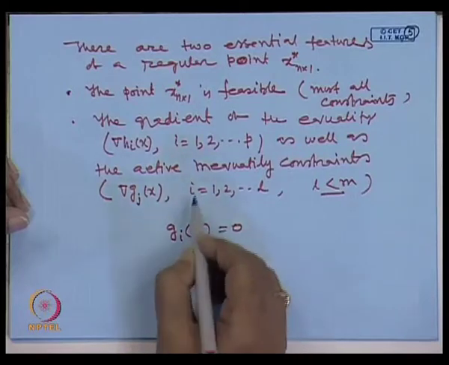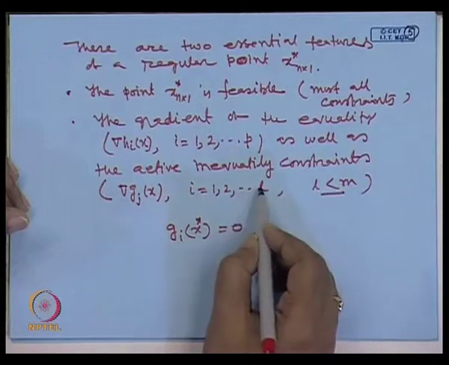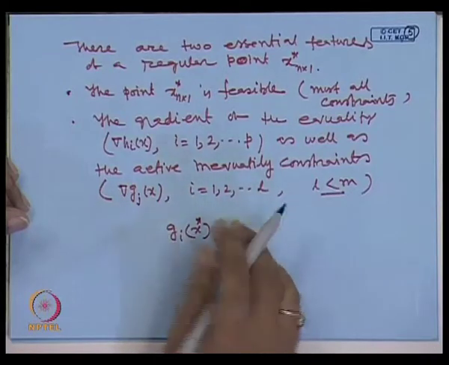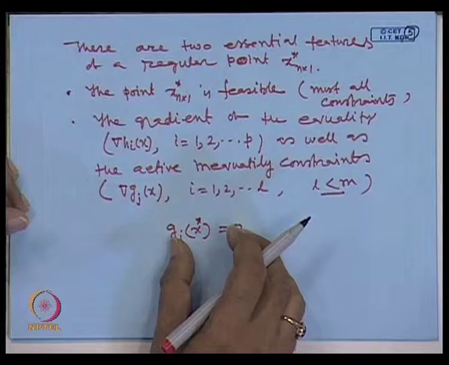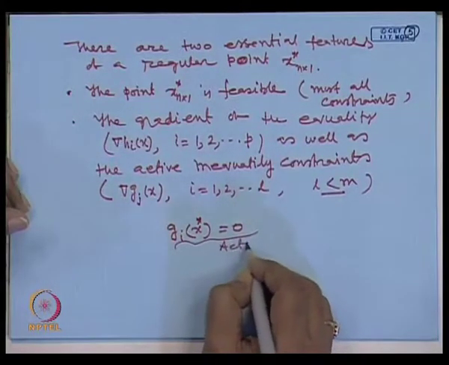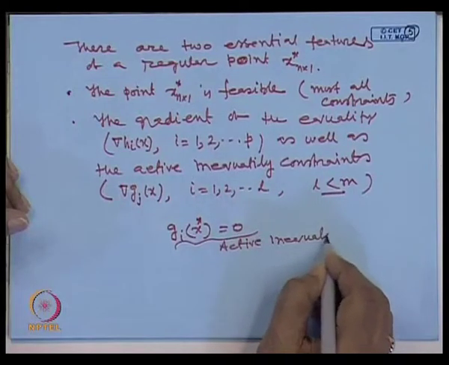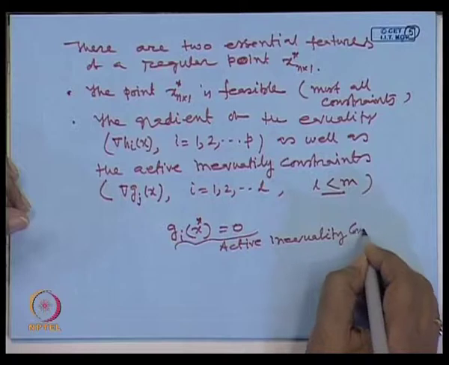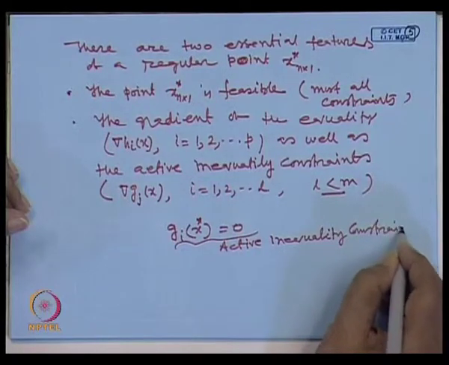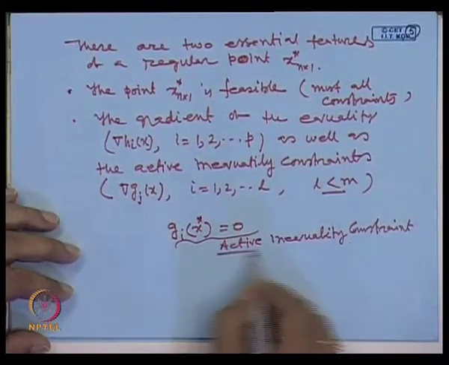So when g_i(x star) equals 0, these are called active inequality constraints.